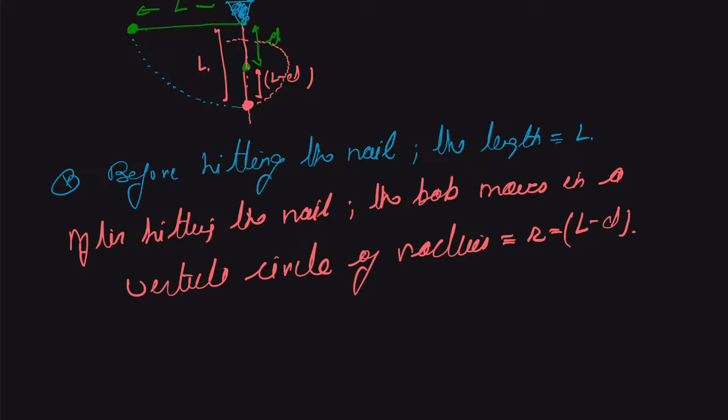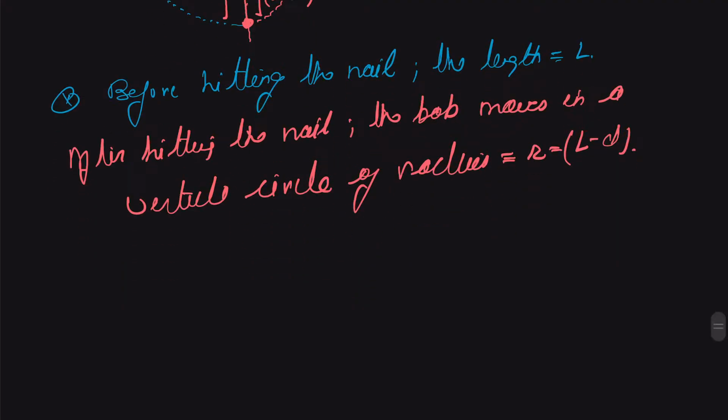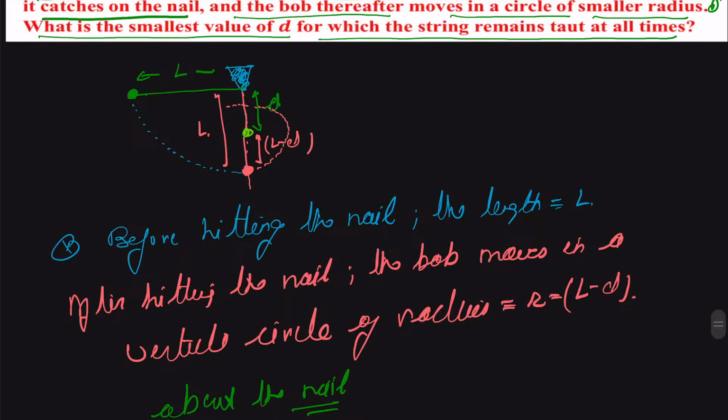And the vertical circle of radius is about the nail. So it means now it is going to rotate about this particular nail.